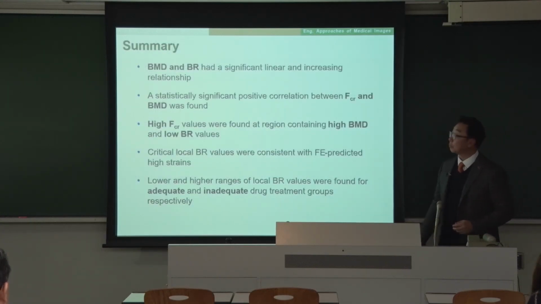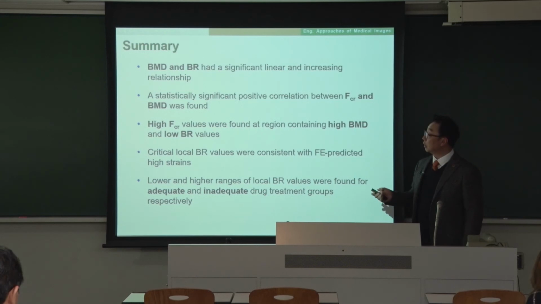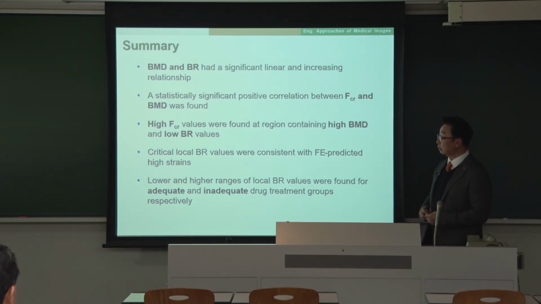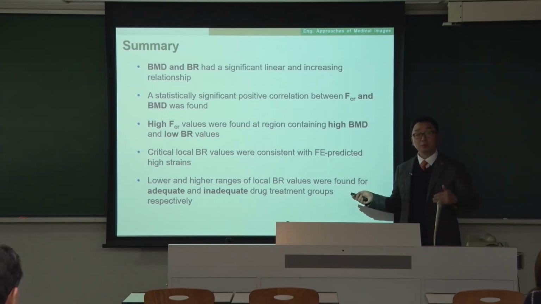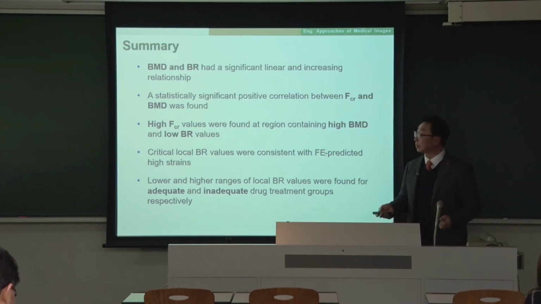So the summary, as I said: the current gold standard, bone mineral density, and the buckling ratio had a significant linear and increasing relationship. So what we have found is actually in accordance with the BMD at the beginning.